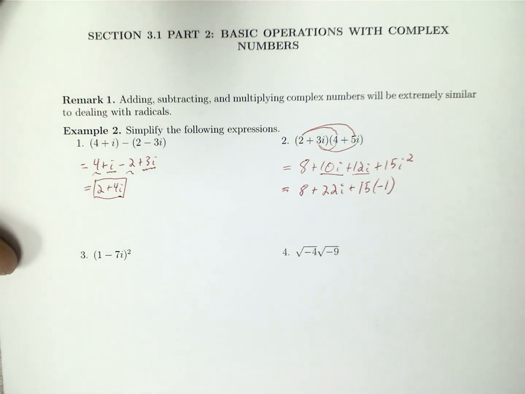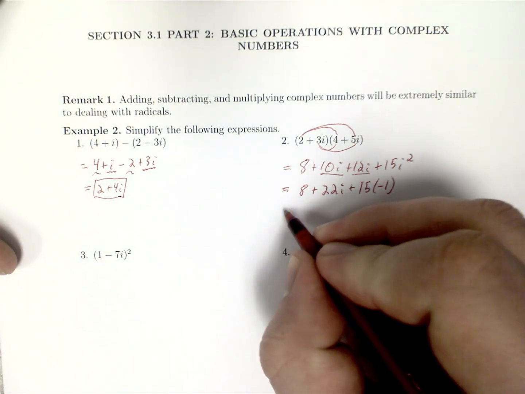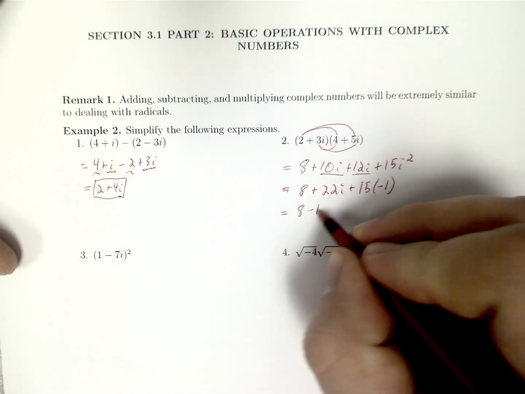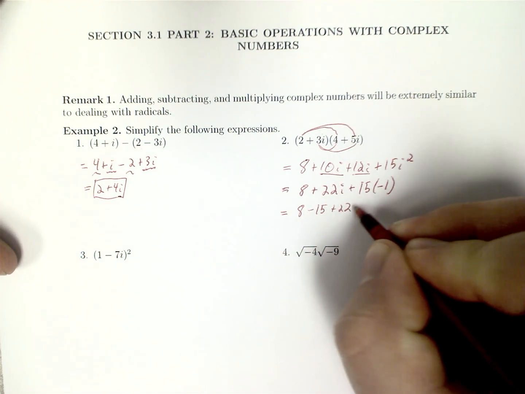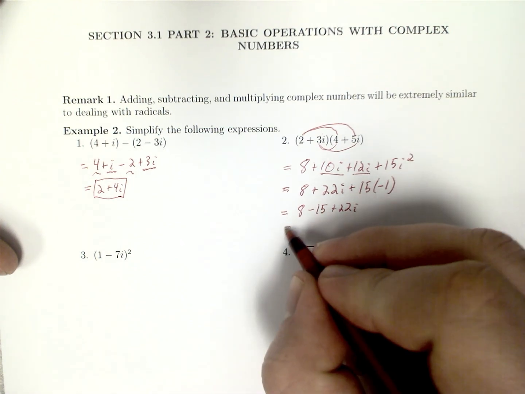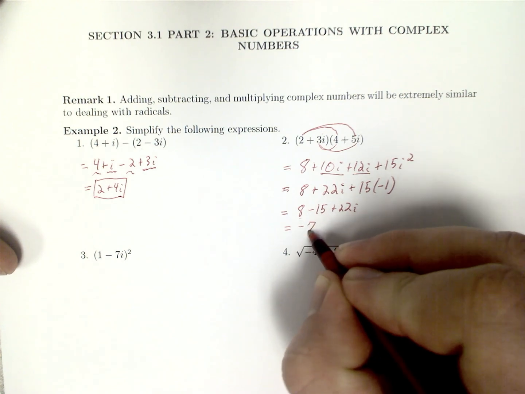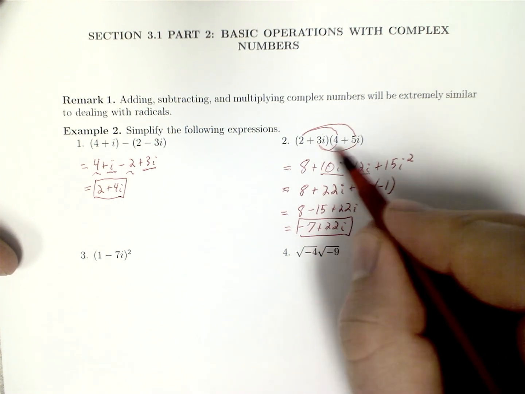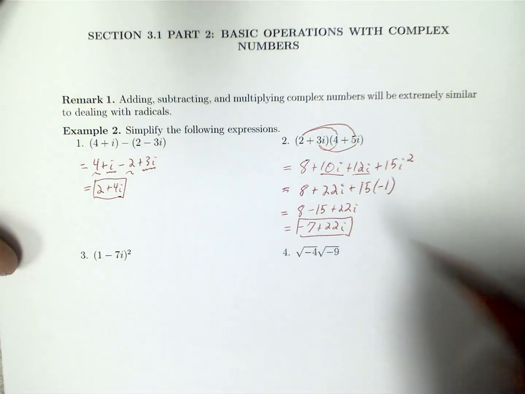And i squared happens to be equal to negative 1. So this is 8 minus 15 plus 22i. So positive 15 times negative 1 is the minus 15. And 8 minus 15 is negative 7. And we took two complex numbers and we multiplied them out, and we got a complex number out.